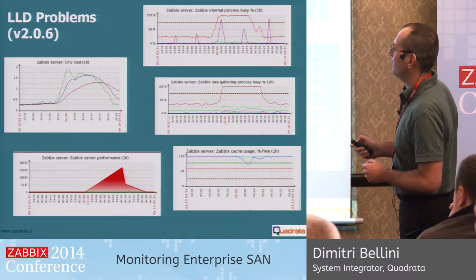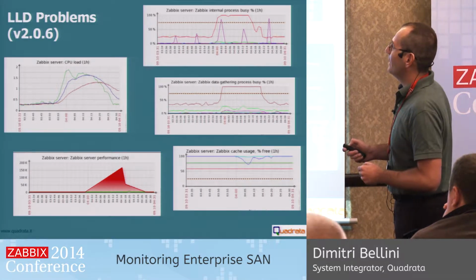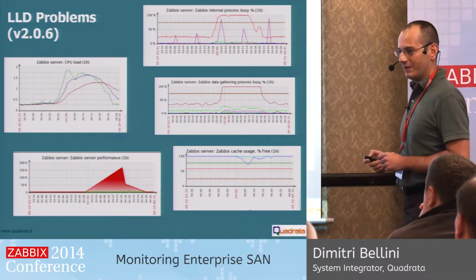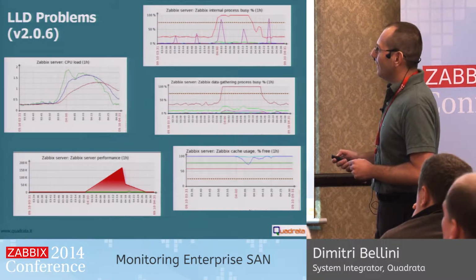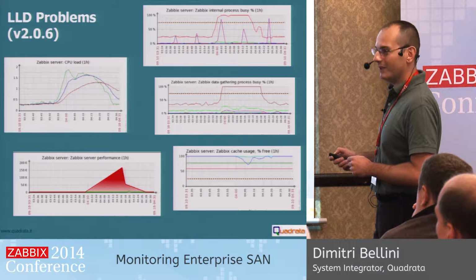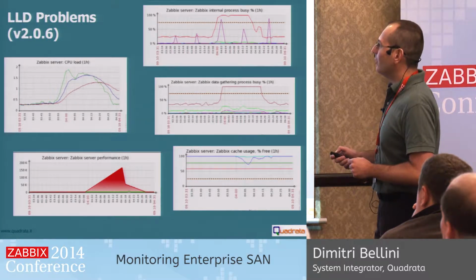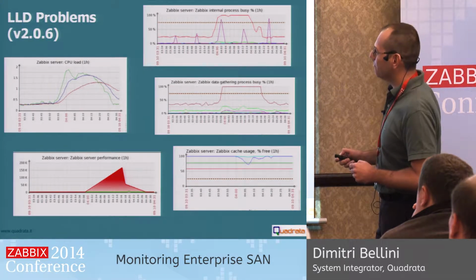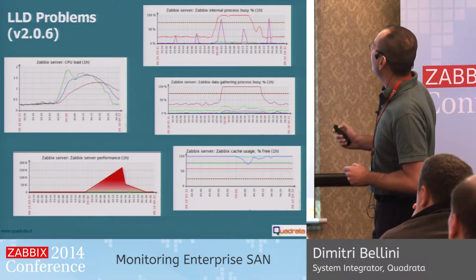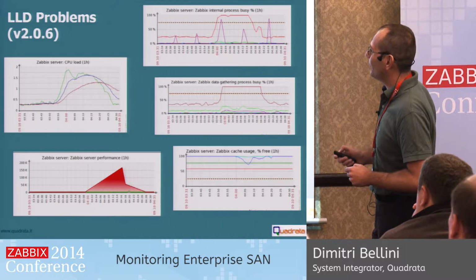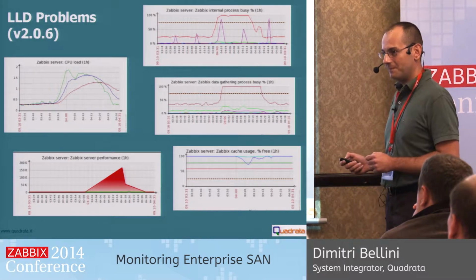This image is coming from the beginning of 2.0. And as you can see, every time we discover this device, low-level discovery brings our poller process to a high level.